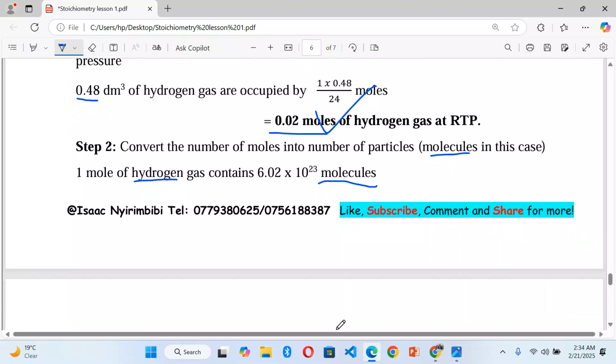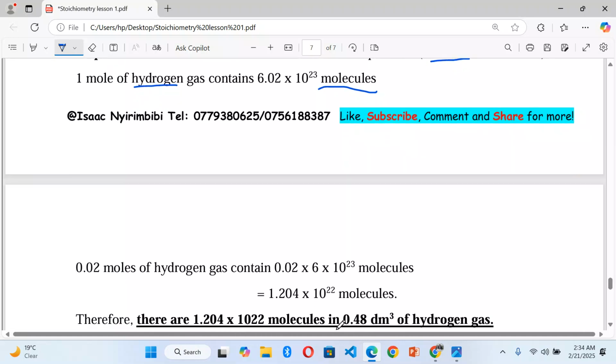Now let's look at this. What about the 0.02? These are the ones we have already gotten in our first step. So what about these molecules? If 1 mole contains these molecules, what about 0.02 moles?